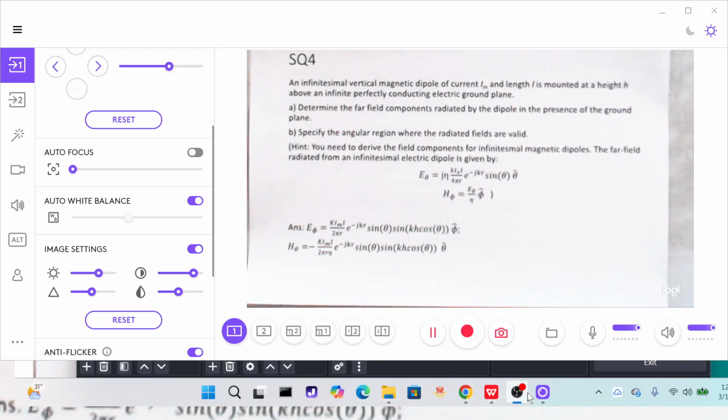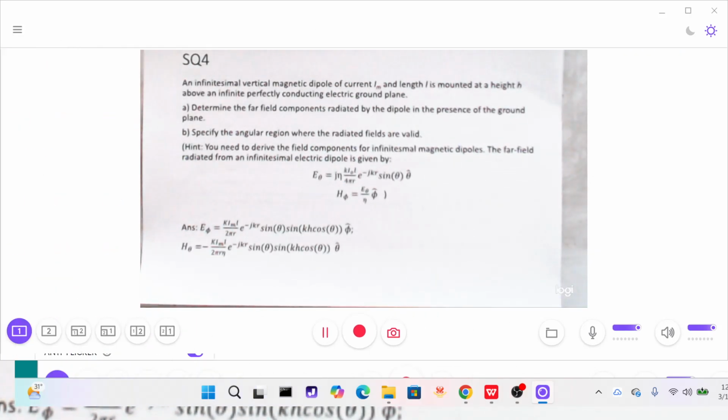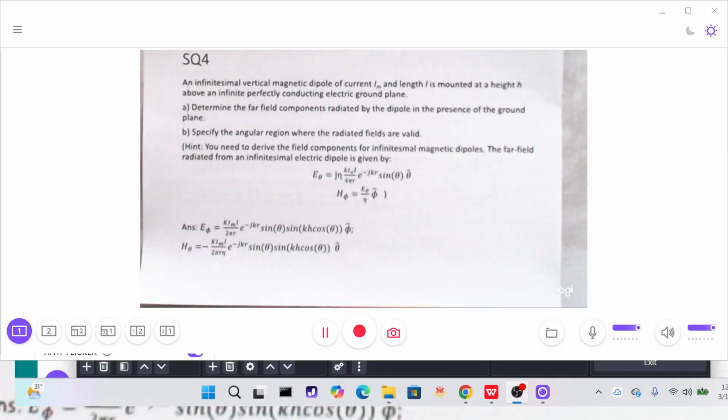It is mounted at the height of h above the infinite perfectly conducting electric ground planes.